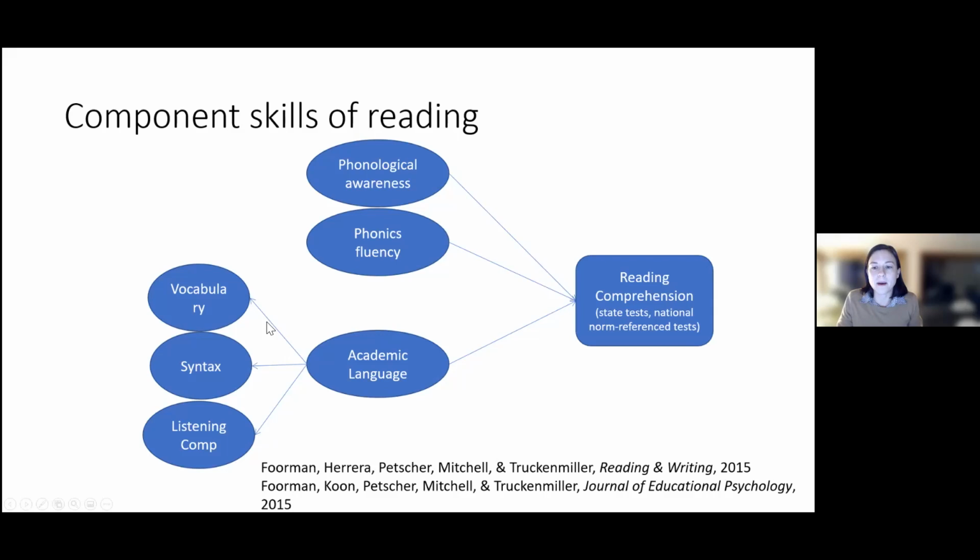And so what was interesting with this study also is we came to understand that the type of vocabulary and the type of syntax that was important for grade level reading comprehension was more in the academic register.